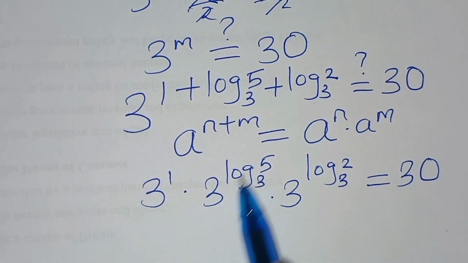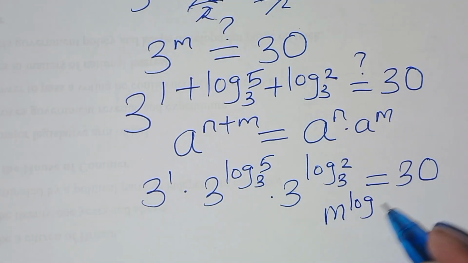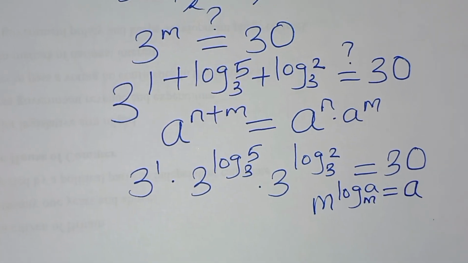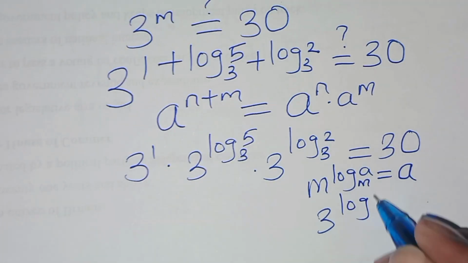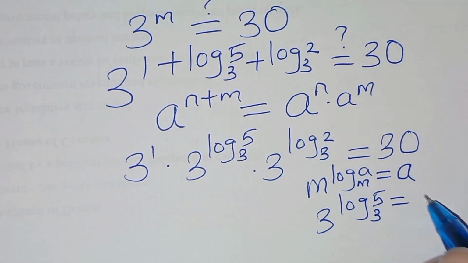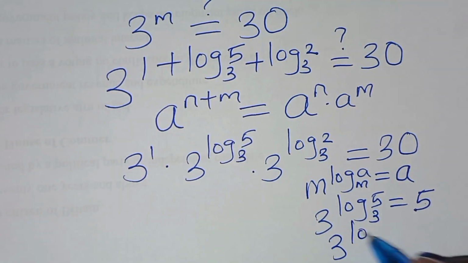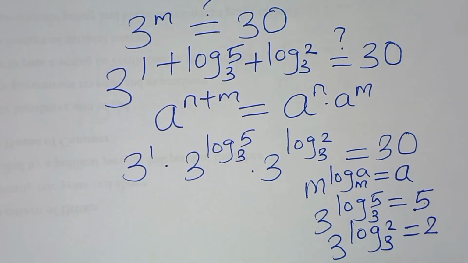Now, 3 to power log 5 to base 3, this is in the form of m to power log a to base m, which is equal to a. And that implies that 3 to power log 5 to base 3 will give us a value of 5. And 3 to power log 2 to base 3 will give us a value of 2. So let's substitute these two values here.